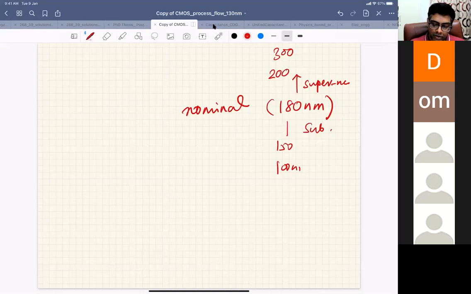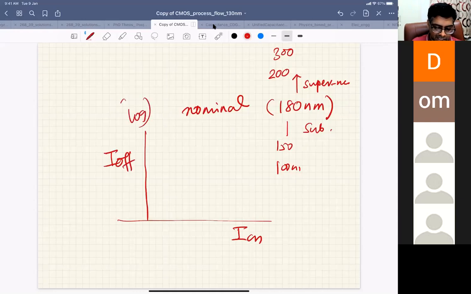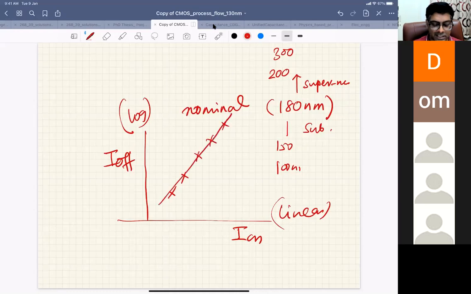Then you measure the on and off current of all those transistors, your nominal, subnominal and supernominal transistors. So your on current here and off current here. This is a log axis, and this is the linear axis, right? Then you have 4 or 5 transistors, you plot these transistors, and you'll get a straight line. So that is the universal curve of the transistor.